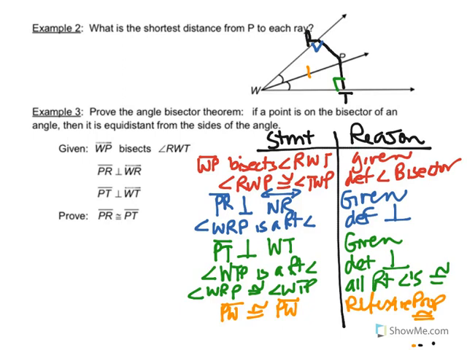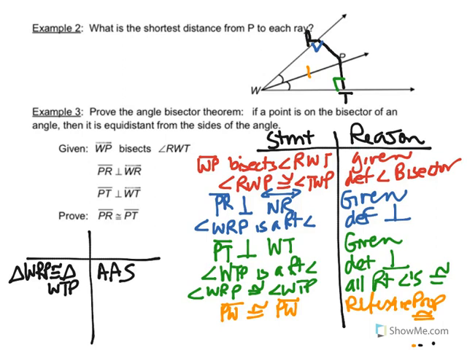Okay, I'm going to continue over here. Almost done. Triangle, because now we have an angle and a side. So we can say triangle WRP is congruent with triangle WTP, angle side.